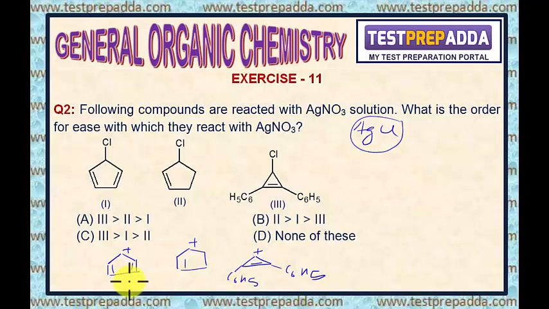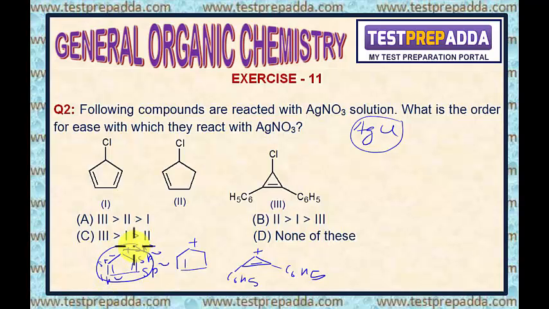Now, out of these three, if you look at this first one, this carbon is sp2 hybridized, sp2, sp2, sp2. All carbon atoms are sp2 hybridized, so the ring is planar. And how many pi electrons are involved in the delocalization? Resonance is there, plus single double.